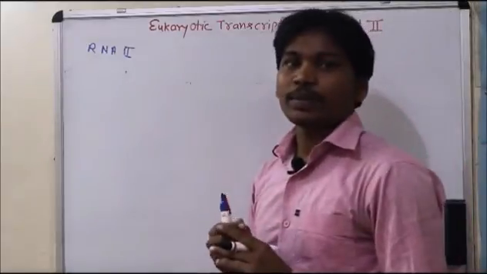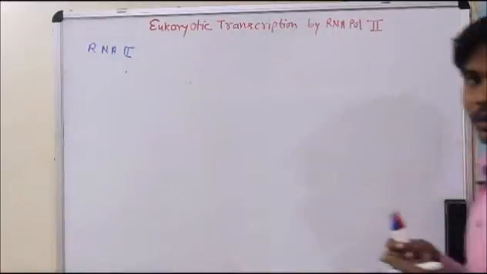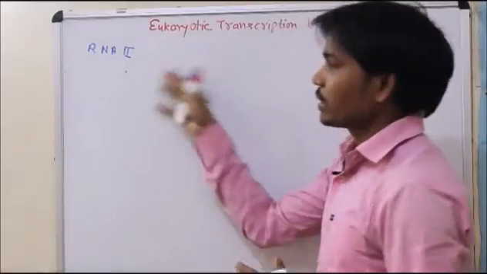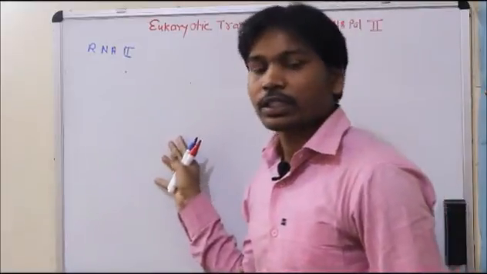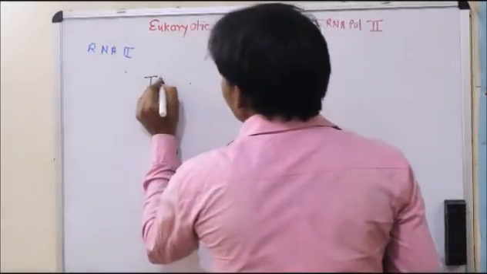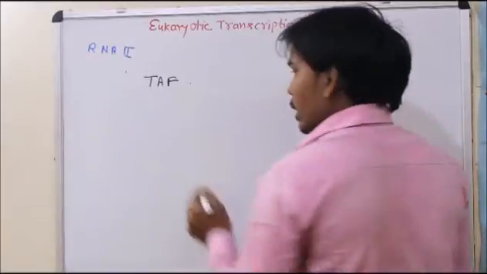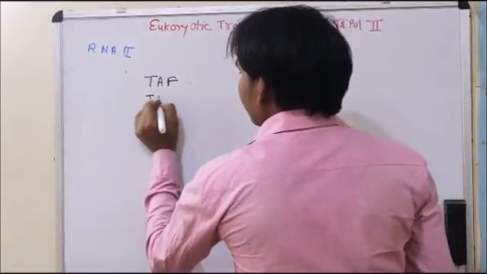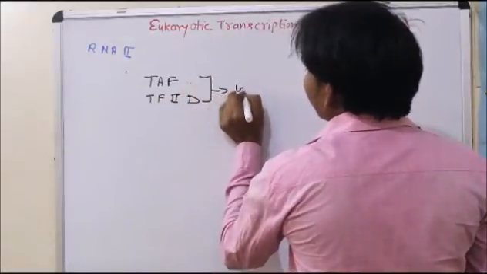So, how does eukaryotic transcription take place? You know that RNA polymerase II and the transcription associated factors, the TATA binding protein, as in transcription factor II D, are the general transcription factors.